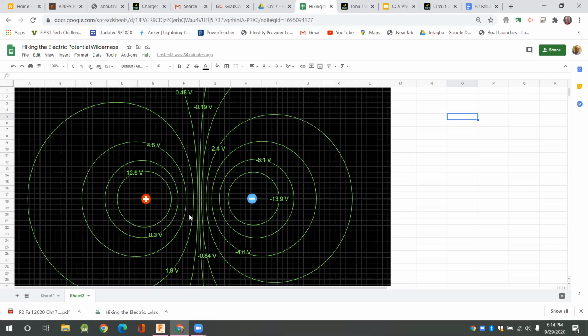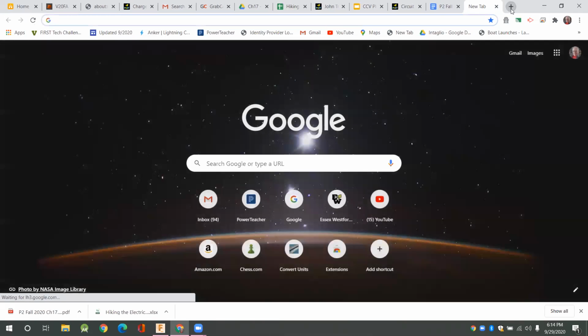Now, you're probably familiar with what a topographic map is. A topographic map is similar. It plots out lines of equal elevation. Let's just grab one from the internet really quick.